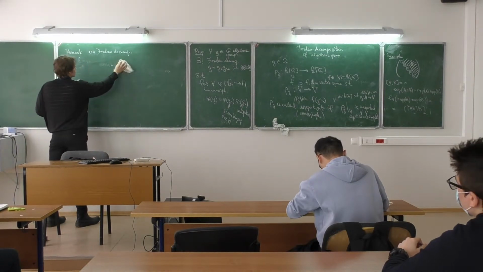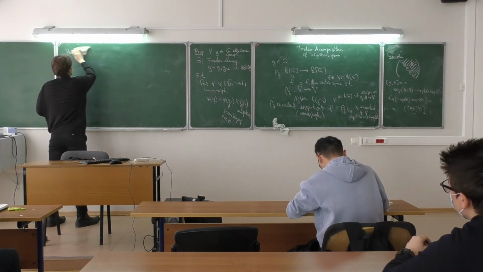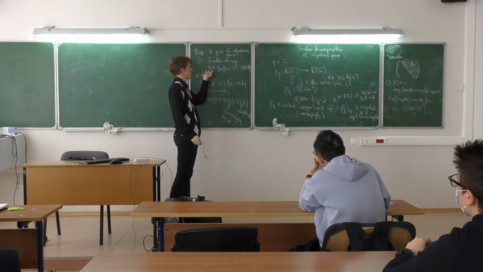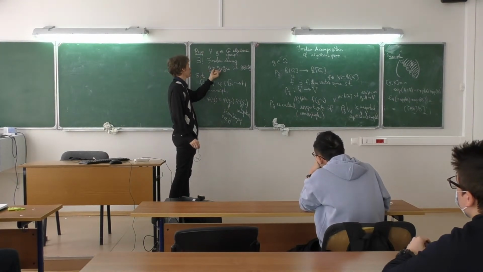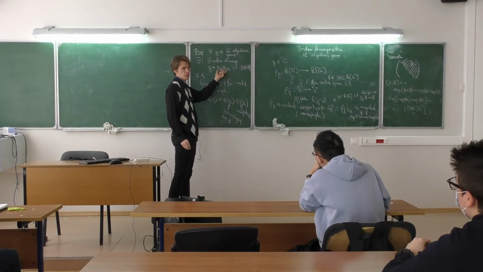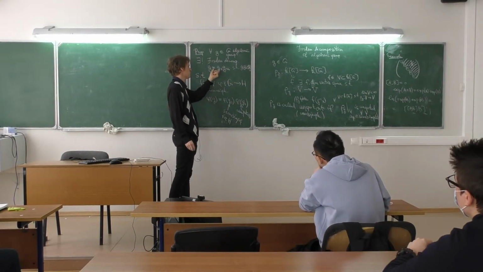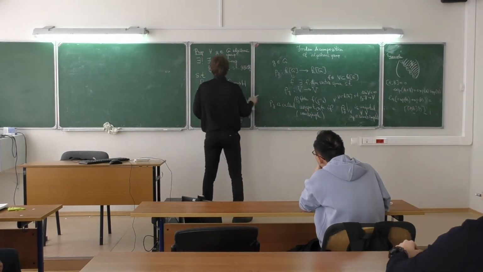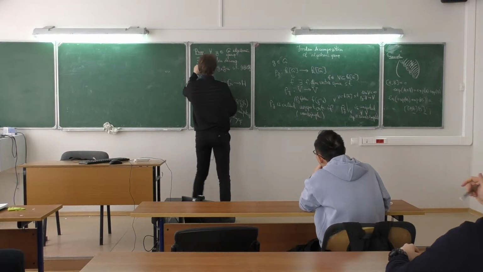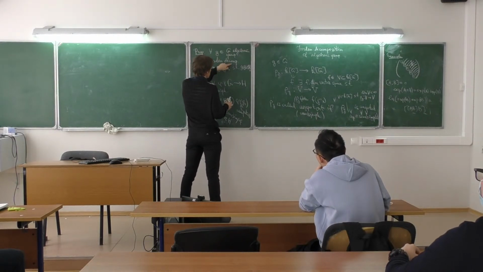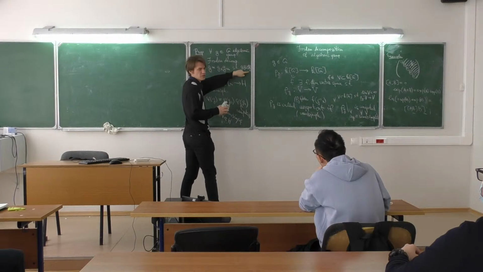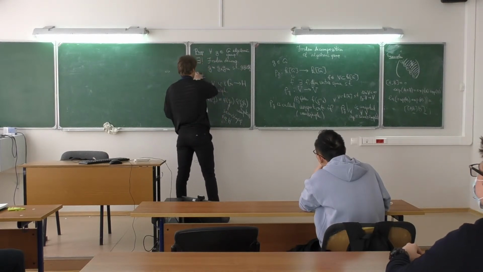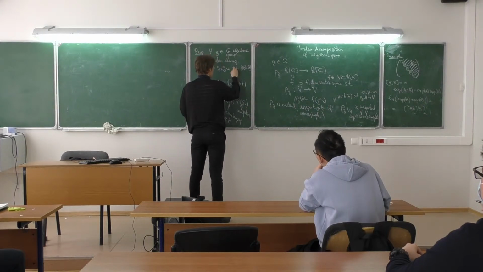The word unique refers to the decomposition: when you fix G, then G_S and G_U are determined. So there is a unique Jordan decomposition such that this holds, and this holds.